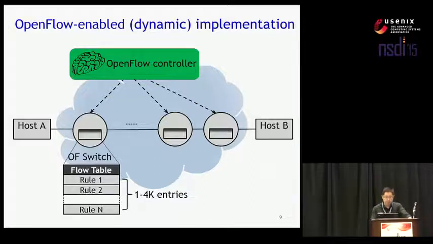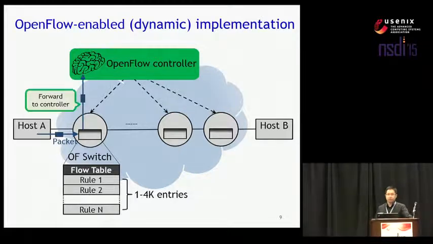With this path, if a packet enters the network and there is an explicit rule in the switch that matches this packet, the packet will go through. And if not, it involves the central controller to set up the path for this packet.